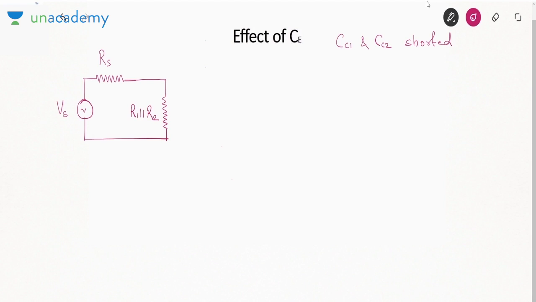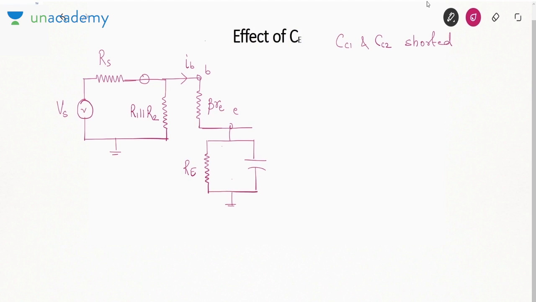Okay, here there was CC1 which is now shorted. Then we have a resistance beta RE. The current in this resistance is IB. This terminal was ground, but this was connected to ammeter. This is base, this is ammeter. Ammeter had a resistance RE, in parallel to which we had a capacitance CE.